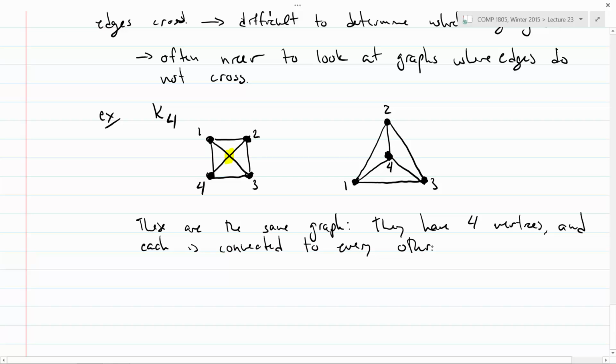All right, so there are multiple ways of drawing the same graph. That's the punchline here. And we like the drawing that doesn't have any edge crossings. And we call a graph planar if it can be drawn without any edge crossings.